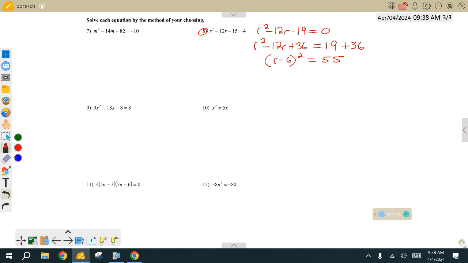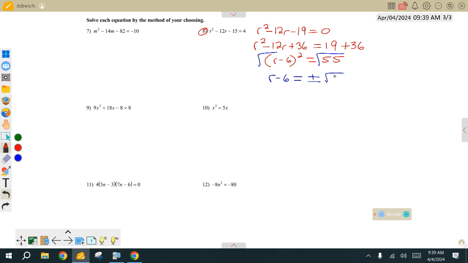And last but not least, we got to do what? Yep. Square root that thing. How many solutions typically? And can we do anything with 55? 55 go anywhere? 11 and 5, does it go anywhere? No. So 55 is good, isn't it?